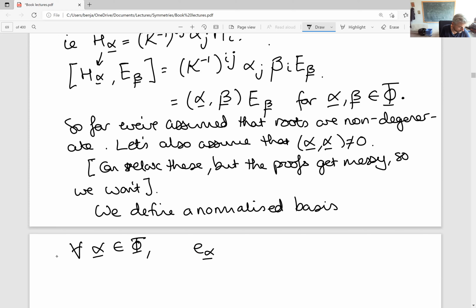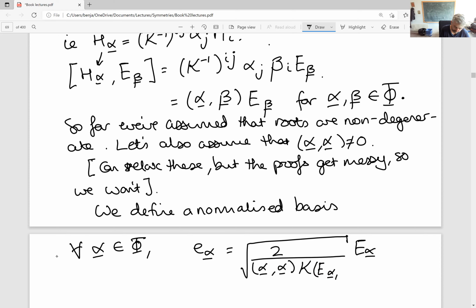So we define some little e alphas, which are proportional to the big E alphas, and the constant of proportionality is the square root of 2 over alpha alpha times kappa of E alpha E minus alpha. It's within the square root as well.